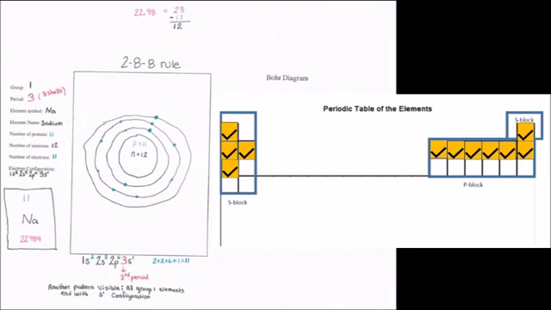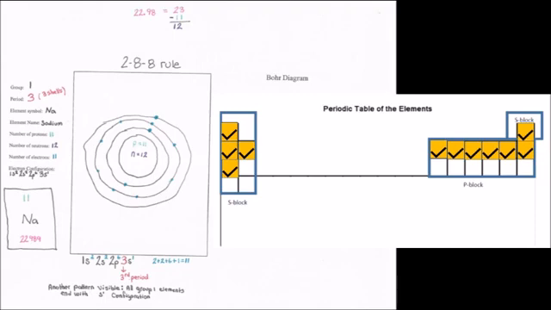So there's a pattern there. Keep track of that. If we take a look at the 1s2, 2s2, 2p6, 3s1, and we add up all of those exponents, 2 plus 2 plus 6 plus 1, that equals 11. So I have 11 electrons, which is equal to my number of protons.